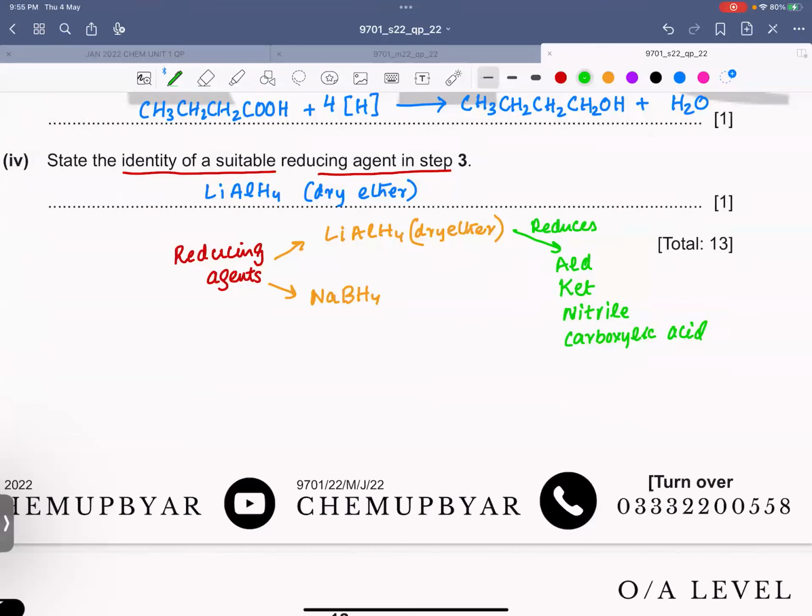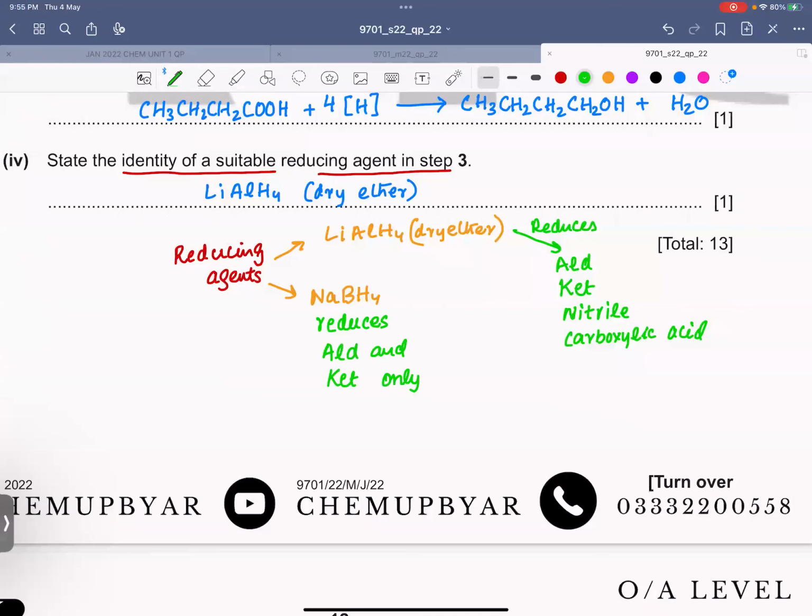And NaBH4 is a weak or mild reducing agent. Yes, very good. So it just reduces aldehyde and ketone only. So you have to remember these conditions. Is this clear to everyone?